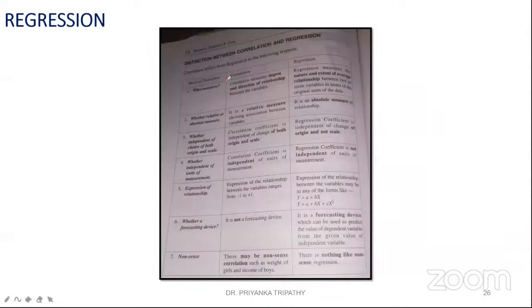What is the difference between correlation and regression? Very, very important. Correlation measures degree and direction of the relationship. We were discussing whether it is a positive one or negative one or zero correlation. So basically we were trying to discuss the degree and direction. But in regression, we are measuring the nature and extent of average relationship between two or more variables in terms of the original units of data.